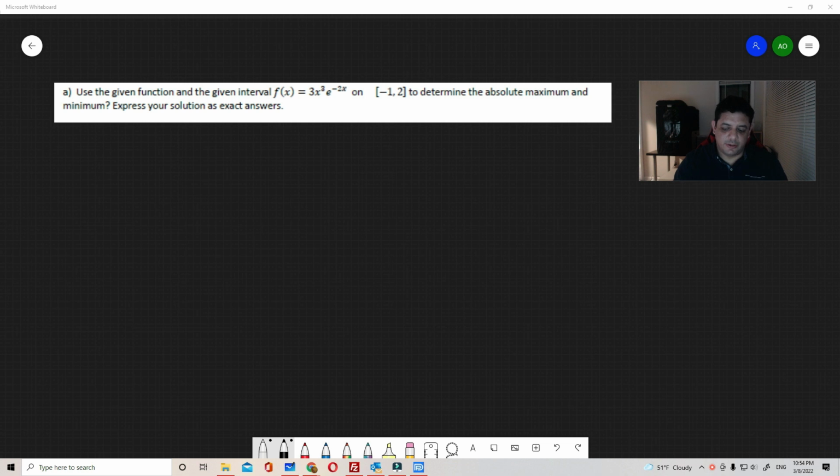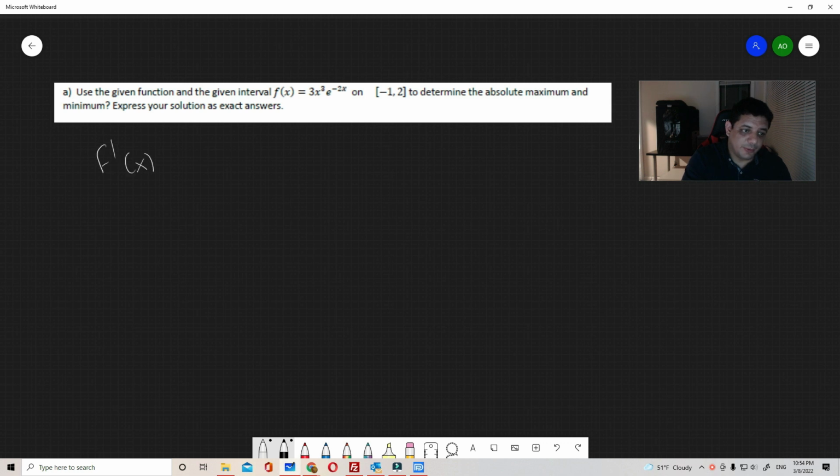Now let's see another example with a proper interval. Let's take f of x equals 3x cubed times the exponential e to the minus 2x. And we're going to take the interval minus 1, 2. Let's check for the absolute maximum and the absolute minimum.